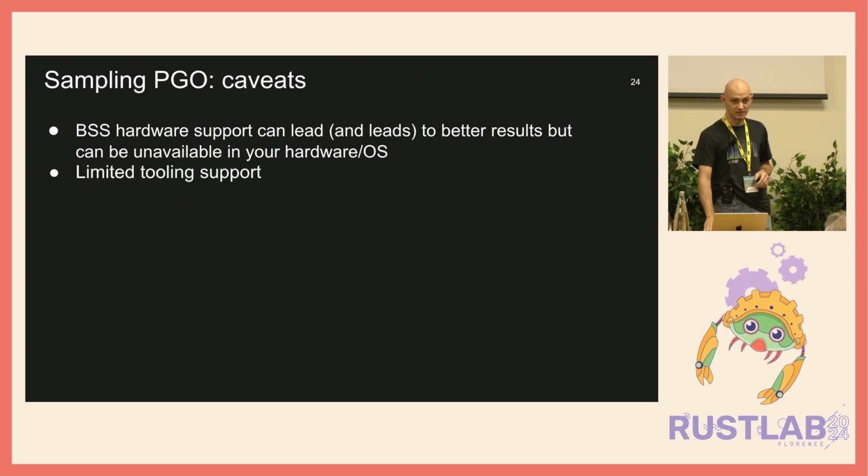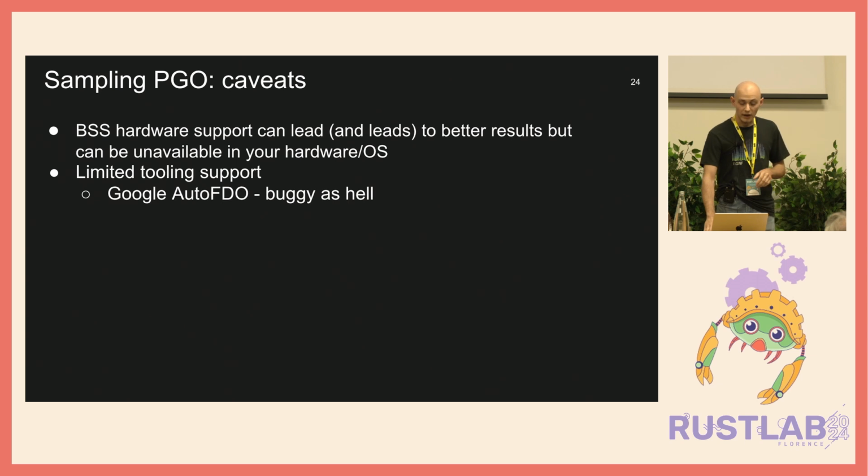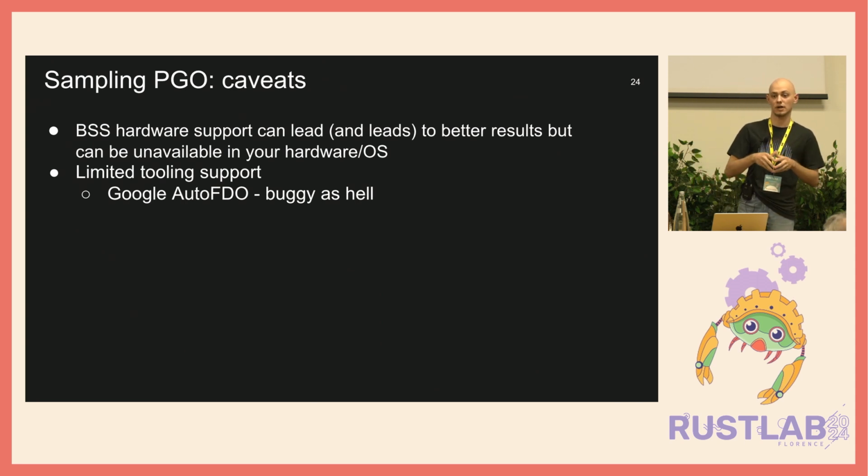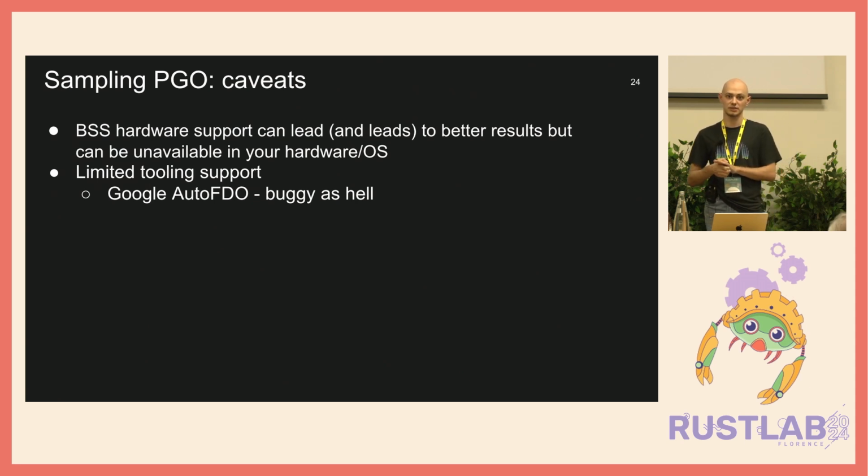And limited tooling support. Why do you need tooling? If you want to pass runtime information about how your application was executed, you need to pass it in some format that is understandable to your compiler. Unfortunately, compilers don't care about the Linux perf format, the Intel VTune format, and so on.